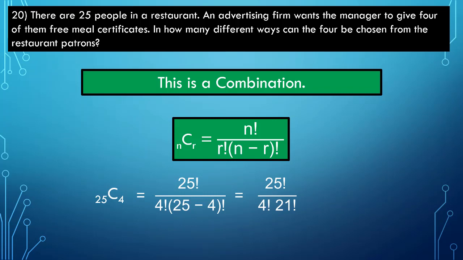And that's going to simplify to a whole number. nCrs always simplify to a whole number. And that's going to be 12,650. So there are 12,650 ways that I could choose 4 people from these 25 at the restaurant to get a free meal pass. And that's your answer to number 20.